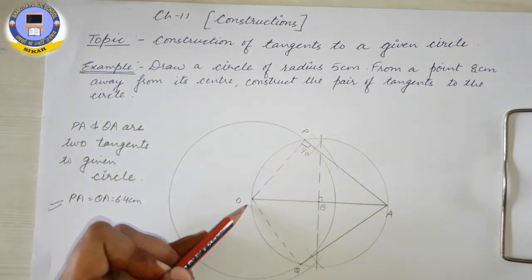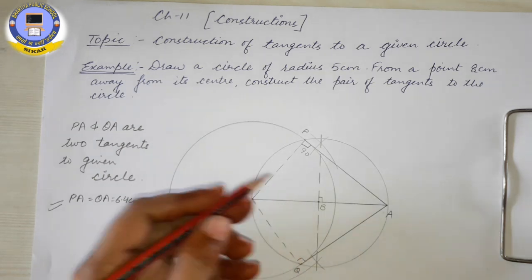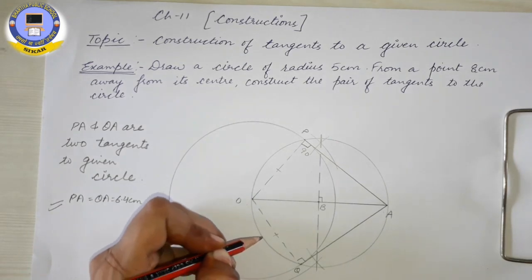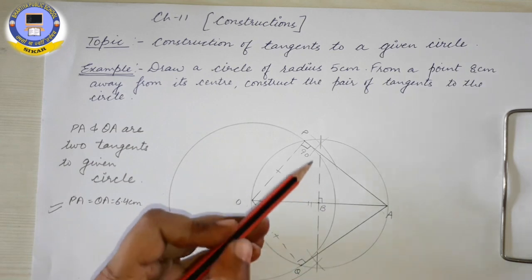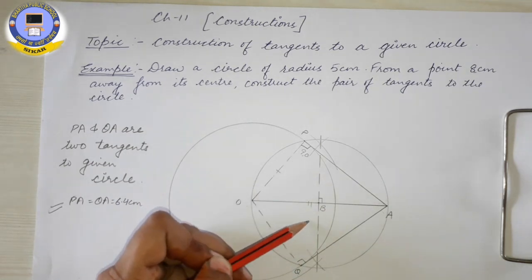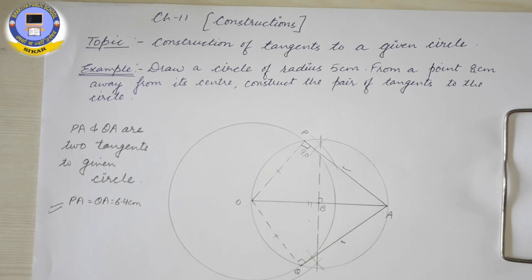Angle APO is equal to angle AQO. Both are right angles, proved just now. OP equals OQ, radii of the same circle, and OA is common. So by the RHS congruency rule, both the triangles are congruent and CPCT parts are equal. By CPCT we can conclude that AP is equal to AQ. So these lengths are also equal.